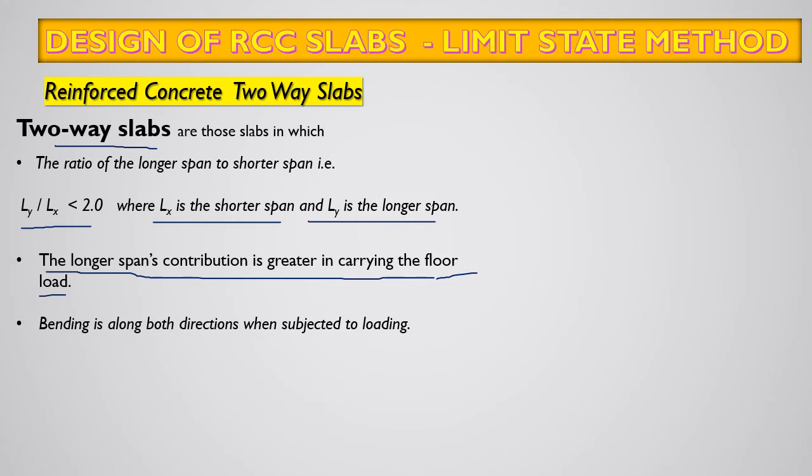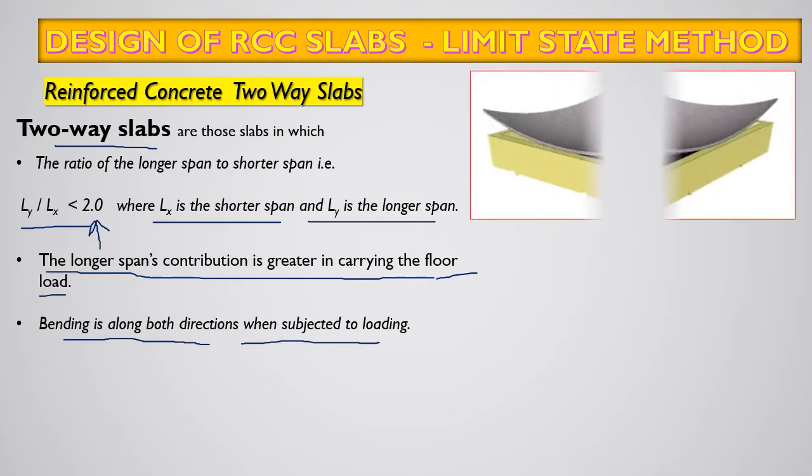Now when we are talking about the bending, that means behavior of the slab when it is supported on all the four sides and it is fulfilling this criteria, that is span ratio less than 2, then bending will be along both the directions when it is subjected to loading.